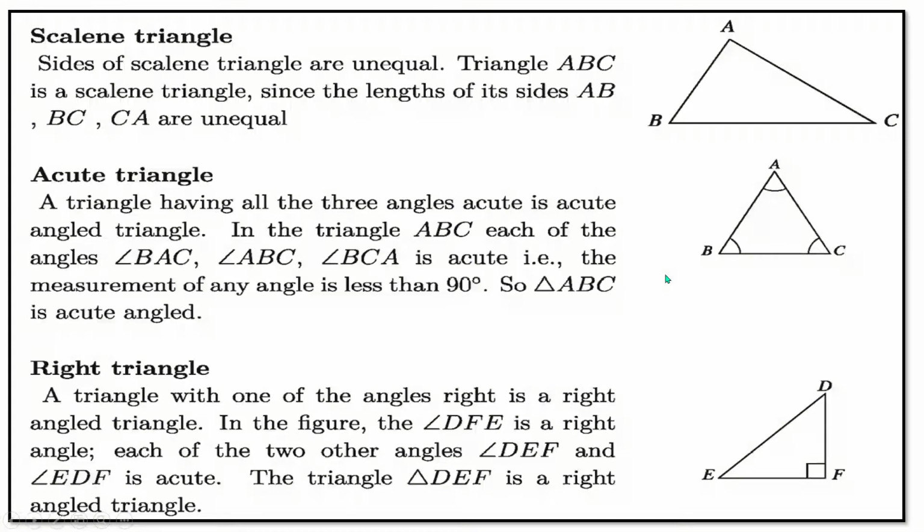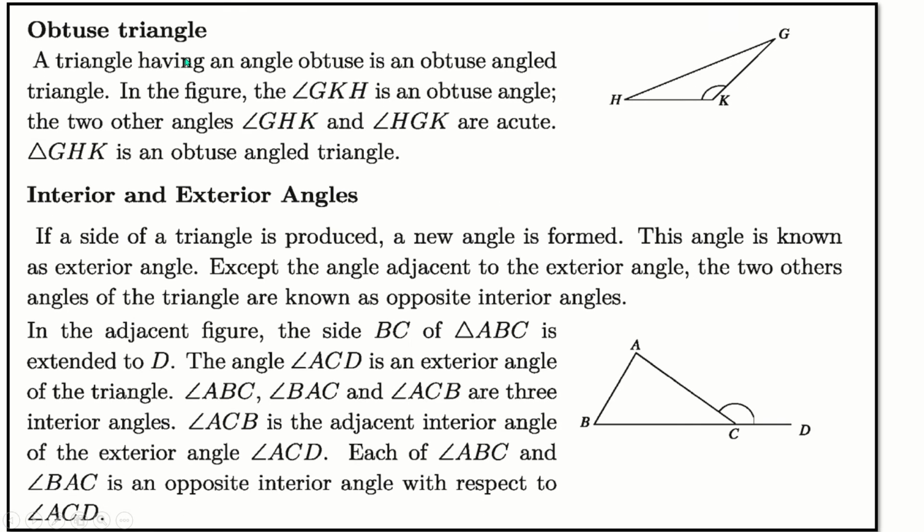Acute angle triangle: if all the angles are acute, that means A is acute, B is acute, C is acute, then it is called an acute angle triangle. Right angle triangle: if one angle is 90 degrees, a right angle, then it is called a right angle triangle. Obtuse triangle: if one angle is an obtuse angle, then it is called an obtuse angle triangle.